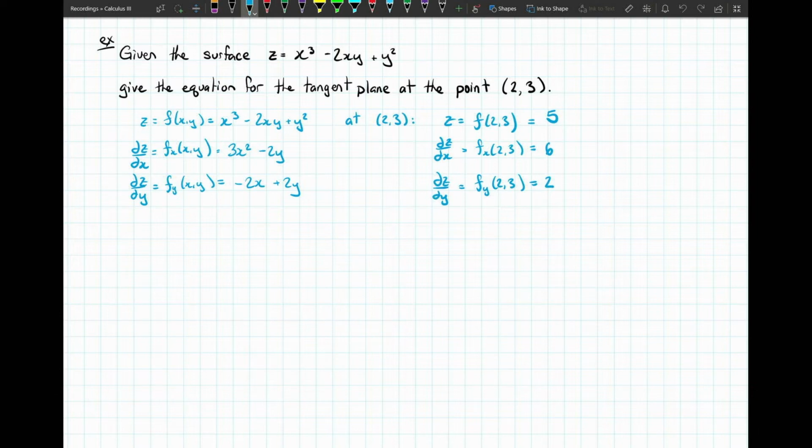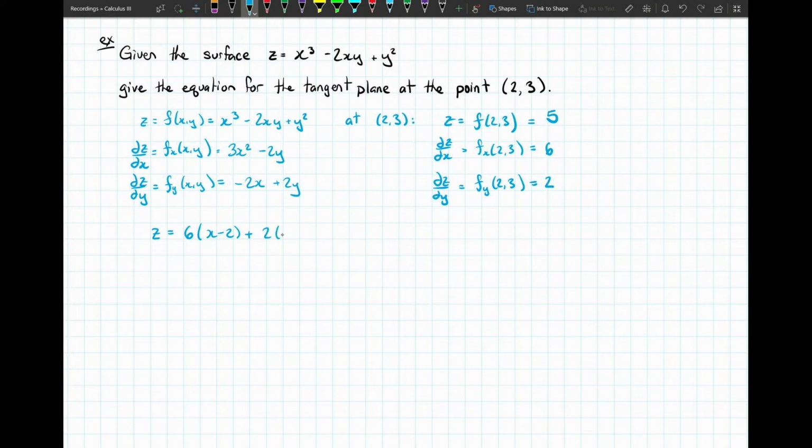If you want to use scalar form, then we'll just have z, or L of x comma y if you like, equals, and then we take that first slope, del z by del x, which is 6, multiplied by x minus 2, which is our x coordinate, plus, and then our next slope here, del z by del y, is 2.